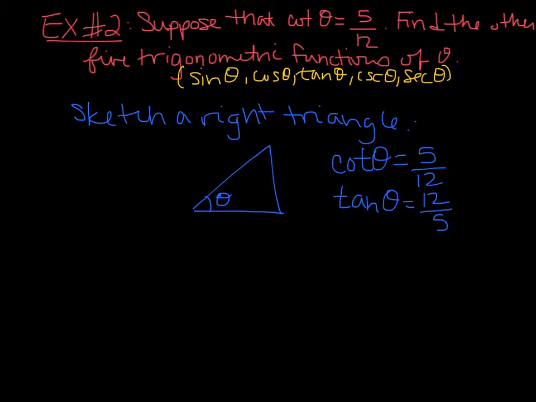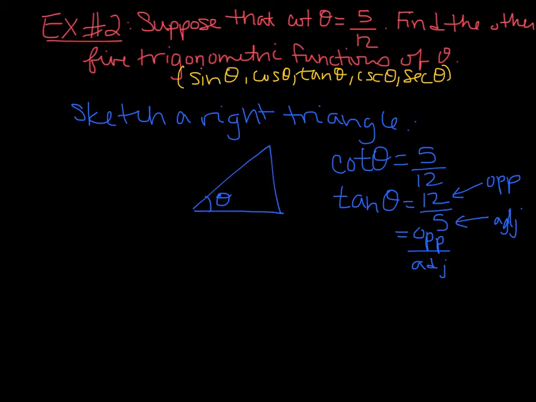So we know that tangent is equal to the opposite over the adjacent. So what I'm going to do is draw my opposite as being 12 and my adjacent as being 5.